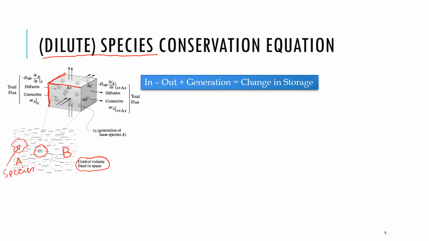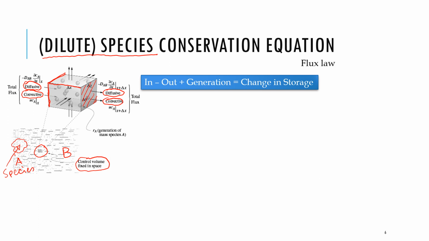And the species A would be coming in to this control volume by diffusion and by flow, and then going out by those two mechanisms also. So we're only going to look at these faces where things are entering or leaving.